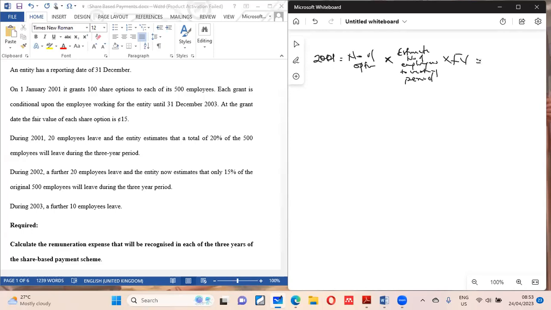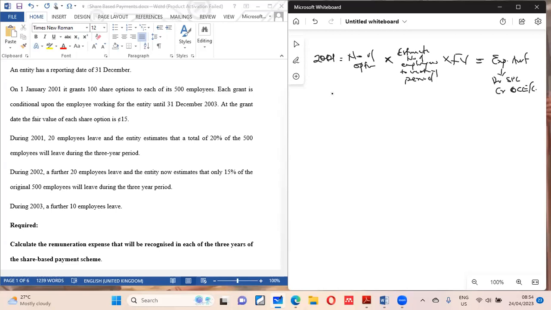And that is how you get your expense amount. This is where you then debit SPL and you can credit either liability or OCE, depending on whether it's a cash-settled share-based payment or an equity-settled payment.